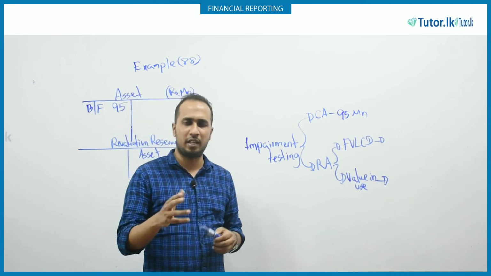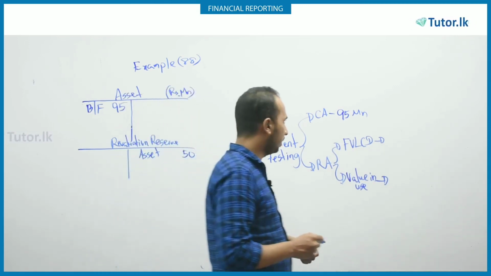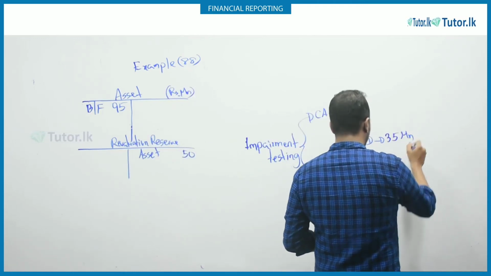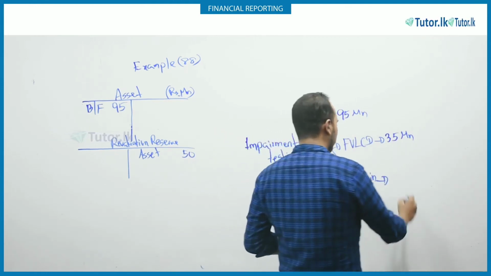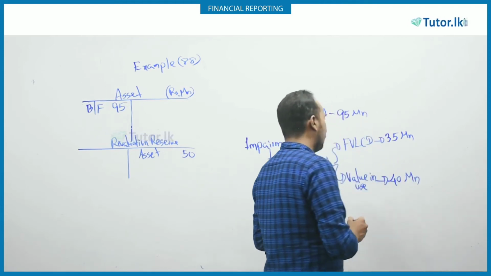Therefore we can assume cost of disposal is nil. So the fair value less cost of disposal is 35 million. At the same time, value in use of the asset is 40 million.